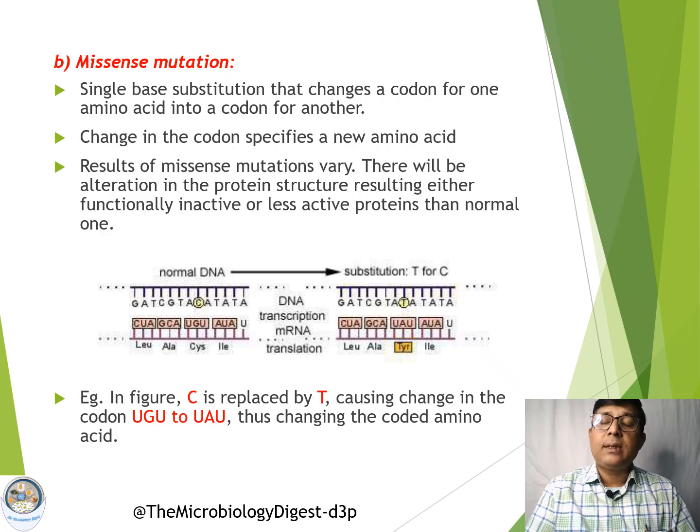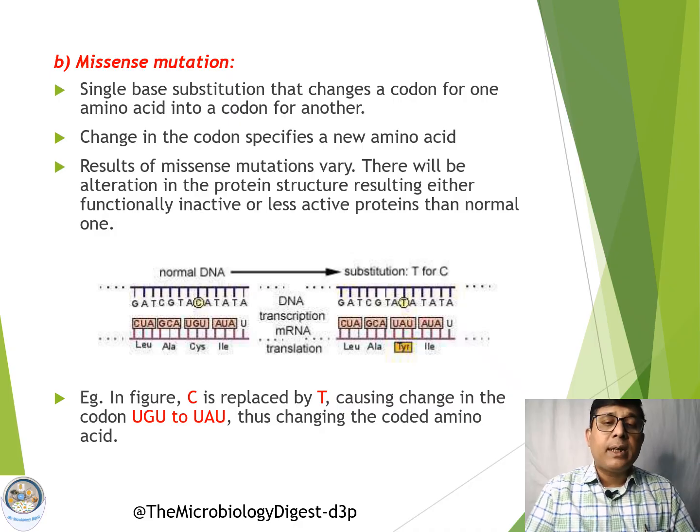Due to this change in the codon, a new or different amino acid is signified by the new codon, resulting in visible changes. This type of mutation is called missense mutation.